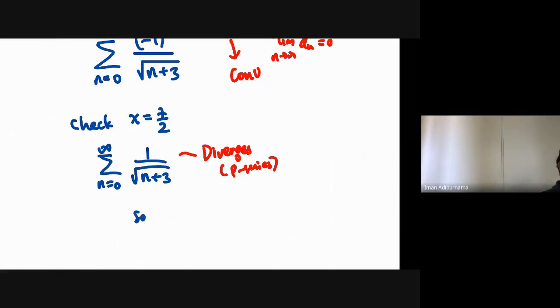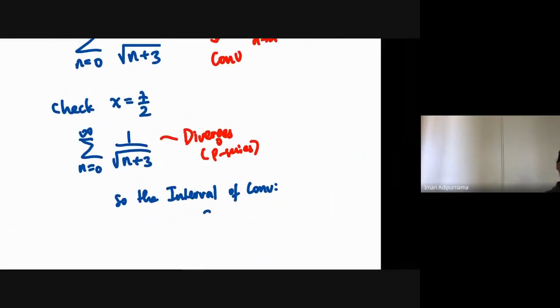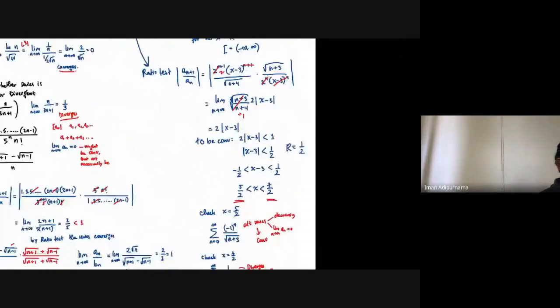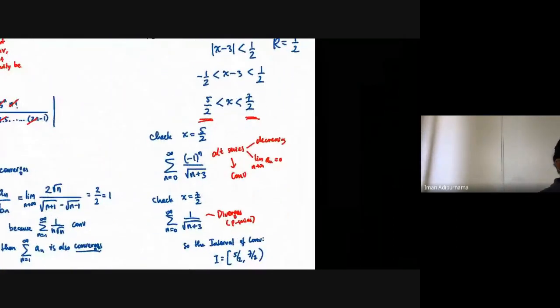So the interval of convergence includes 5/2 but does not include 7/2. Okay. Any questions? I will go to the next page.